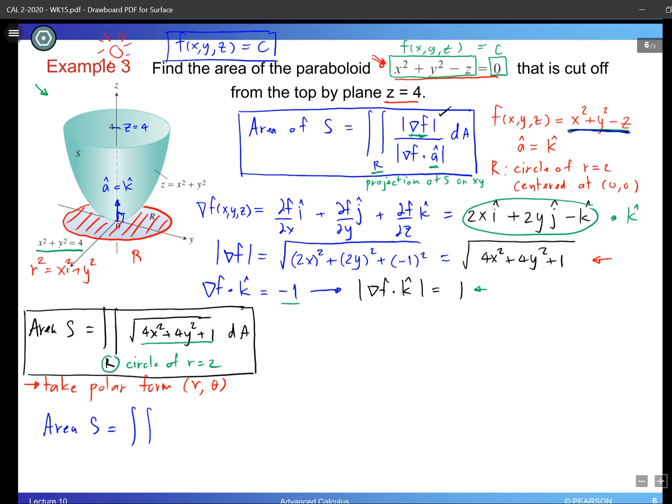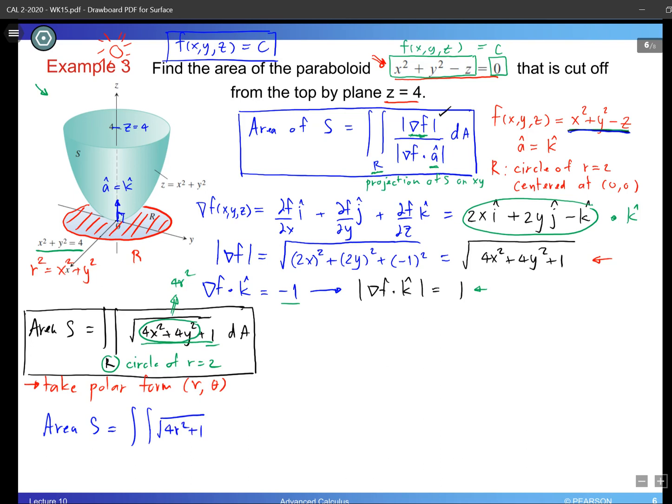And with this, I know right away that these two terms right here add up to be 4r squared, and that is the first term inside the square root down here. Okay, first term 4r squared, and of course I have this 1 right here, so let's add 1 into this square root, plus 1.